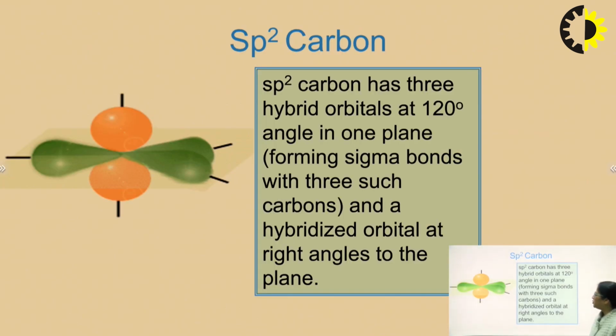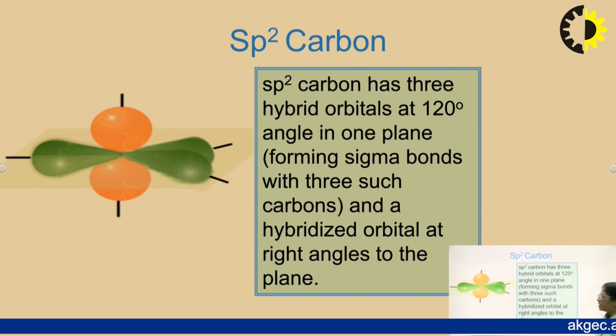This is the structure I am showing. The sp2 carbon has 3 hybrid orbitals at an angle of 120 degrees in one plane, and an unhybridized orbital at right angles to the plane. So this is the orbital which is at right angle to the plane of the molecule.